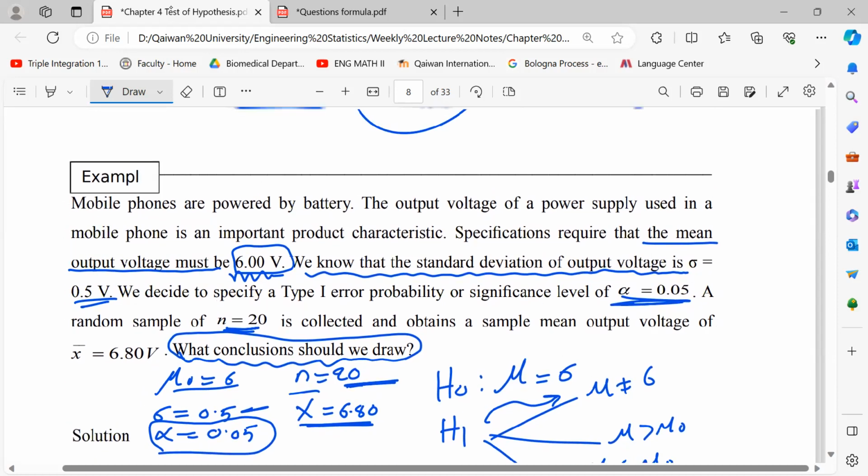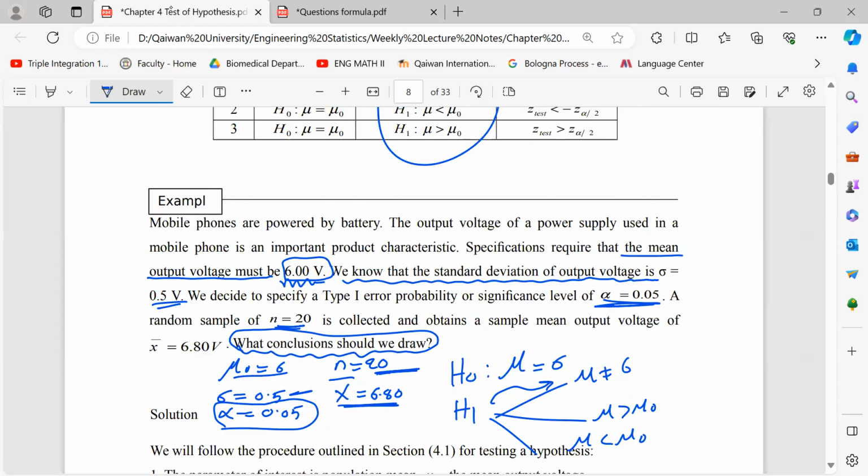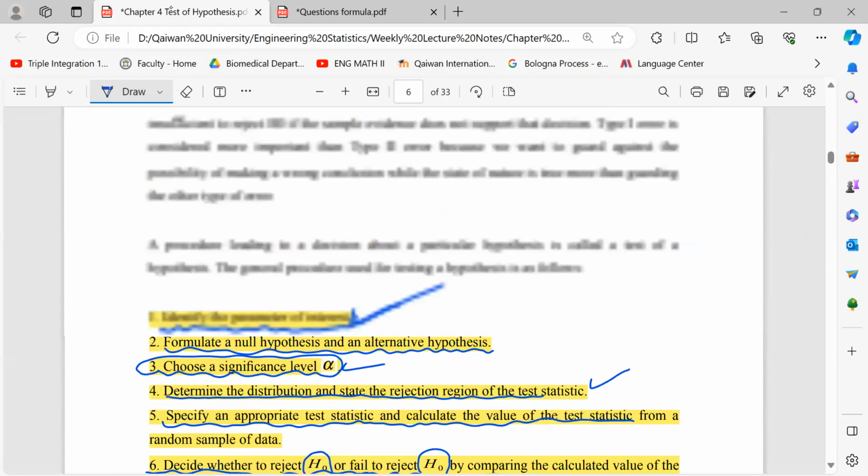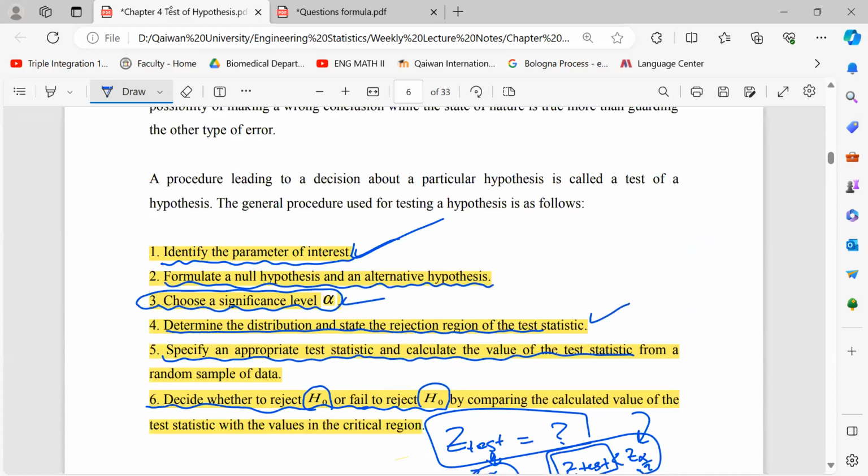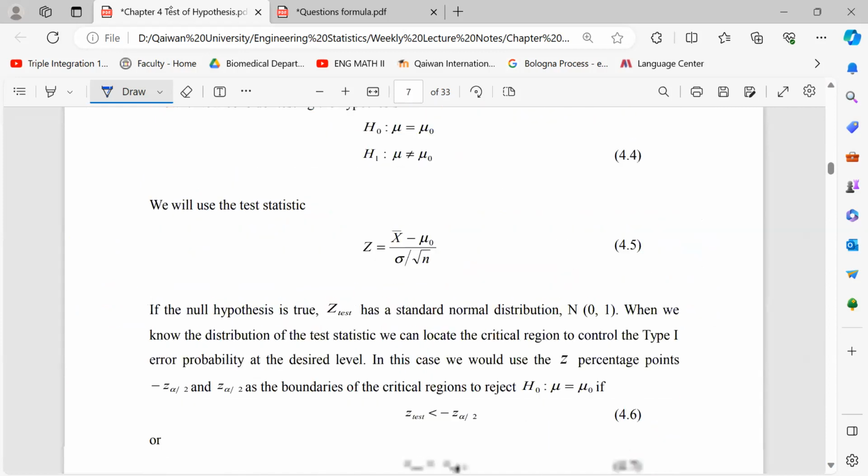Now, we need to follow the 6 steps that we talked about above. First, we need to identify the parameter of interest. Here, we just say the parameter of interest is the mean, because we talk about mu, the mean of the population.